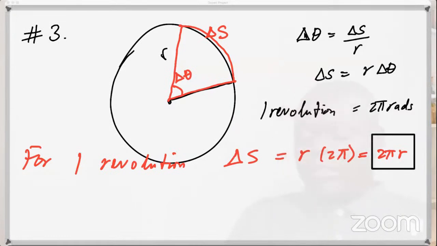Now, if we know that the total distance covered is 80,000 kilometers, to find the number of revolutions, we just have to take the total distance and then divide it by the distance covered in one revolution. Does that make sense?